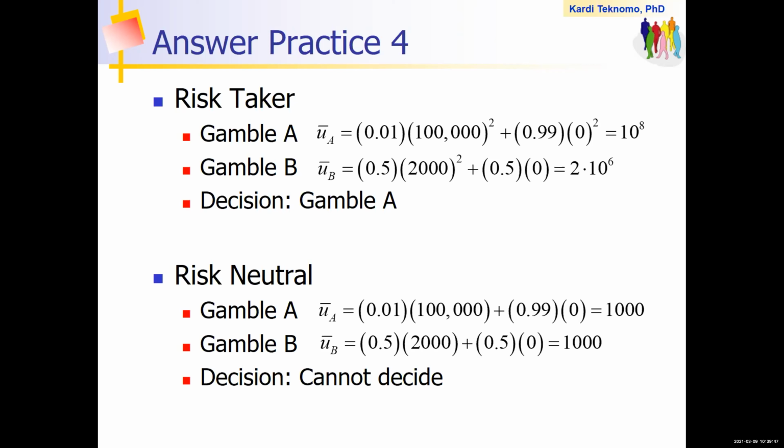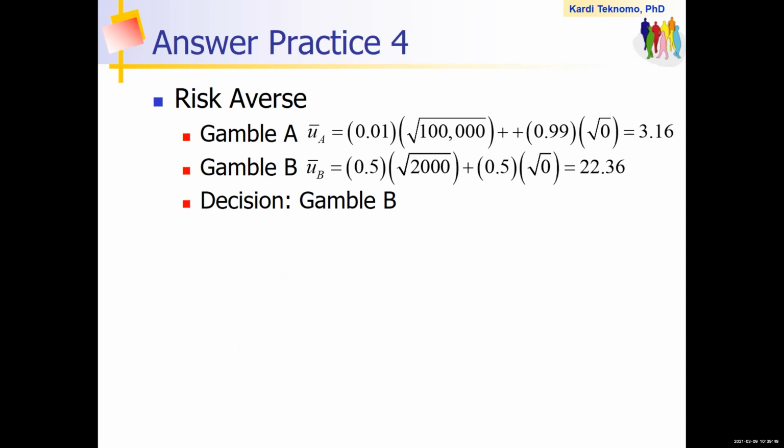Which one is square root, sir? The risk averse is square root. Oh, yeah. Do you know why?